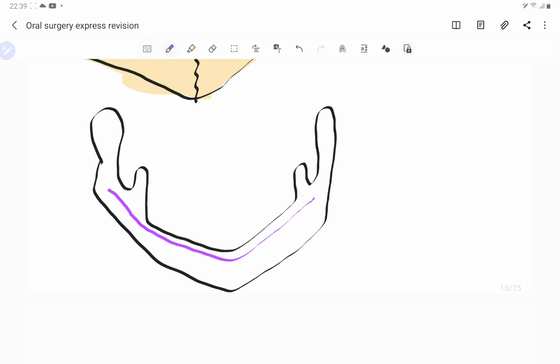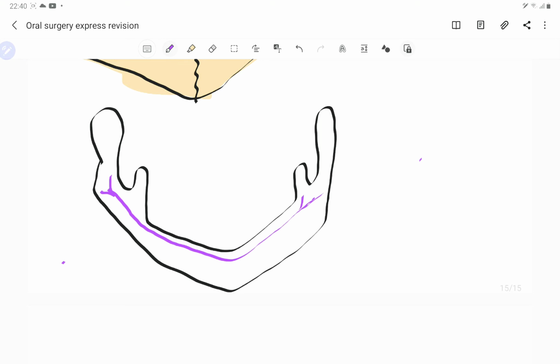Close to the angle, one goes towards the external oblique ridge, another goes laterally. The same goes with the other side. So this is the first Champy's line.